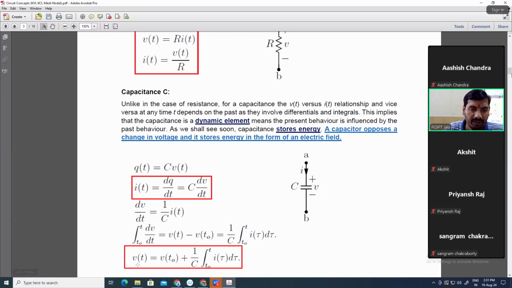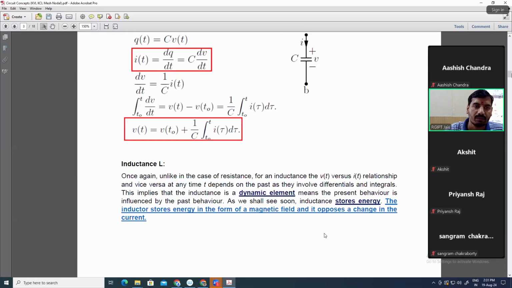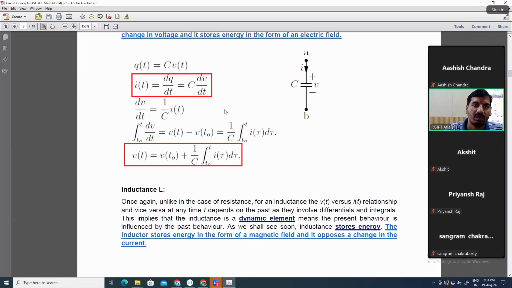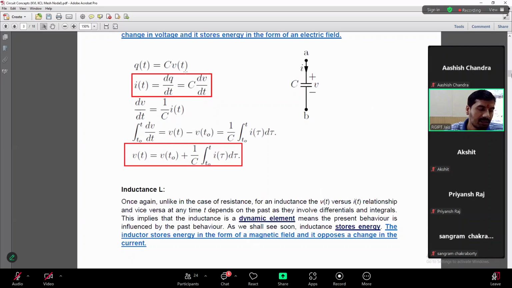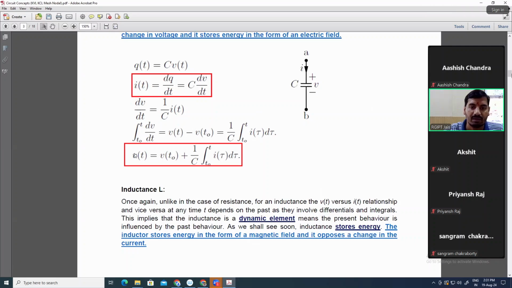So it means v(t) can be written as v(t0) plus 1 upon C integration of i(tau) d tau, where v(t0) is the initial stored voltage in the capacitor. You have to remember this, and I think you have already studied in your 11th, 12th the relationship between voltage and current in inductor and capacitor.